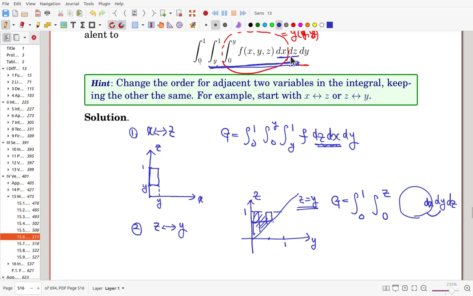Once we change z and y, the inside portion after integration is a function of y and z, so that function stays there without changing. We are only changing the order for a double integral, which you did when we learned double integrals.